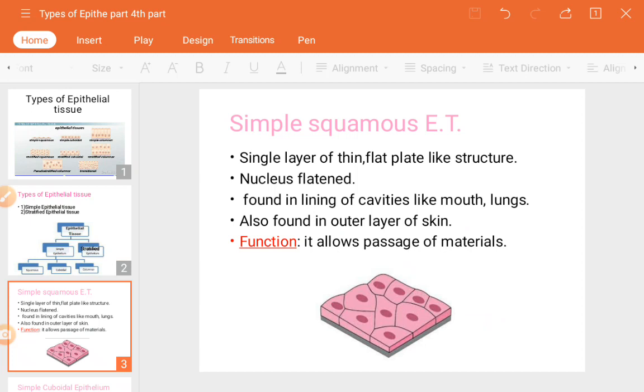You can see in the image below the function. And again the next point, the nucleus of the simple squamous epithelium tissue is flattened, meaning a plate-like structure. Next, it is found in the lining of the cavities of the mouth and the lungs. So it is found in the cavities of the mouth, and along with it appears in the lungs, that is, in the alveoli.